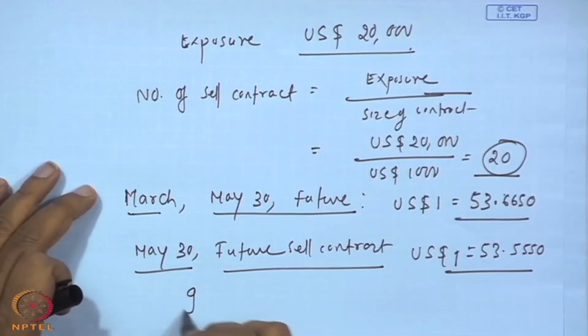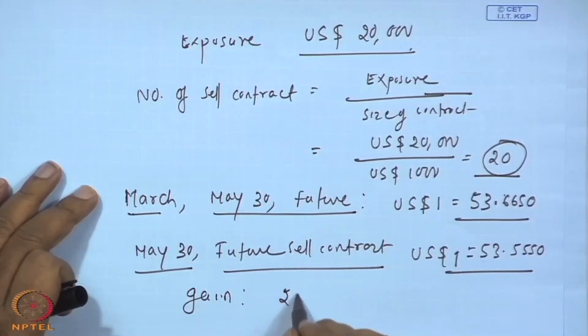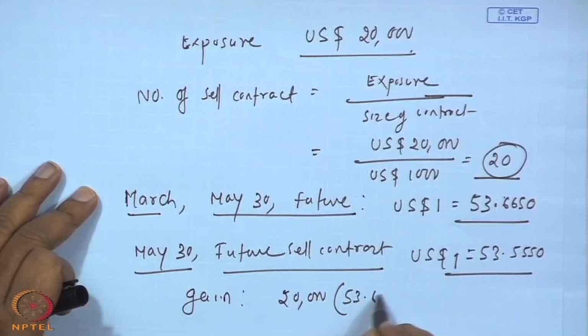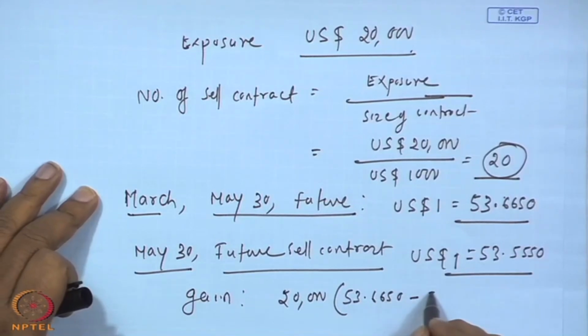How much is the gain? $20,000 into 53.6650 minus 53.550.